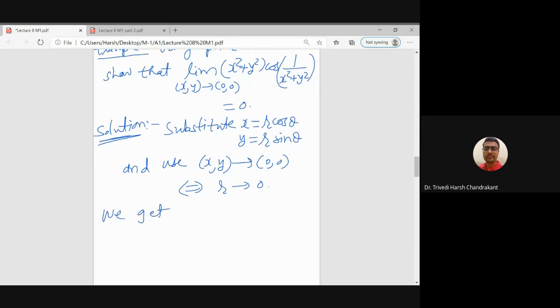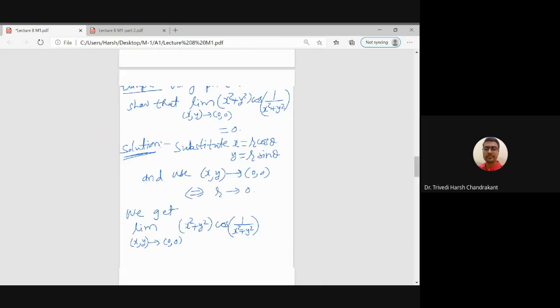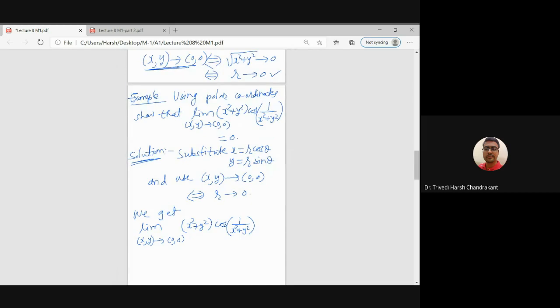So our function is the limit as (x, y) approaches (0, 0) of (x squared plus y squared) cosine of 1 divided by (x squared plus y squared). We want to show this limit equals 0, but not directly using xy coordinates. We will first convert it into polar coordinates, and then the limit will become r tends to 0.